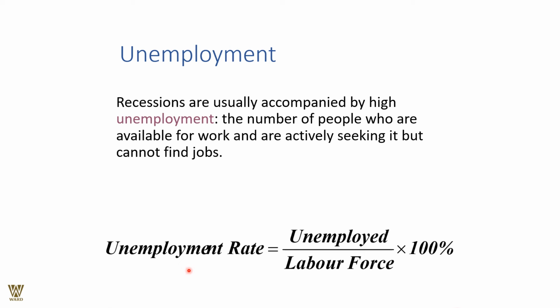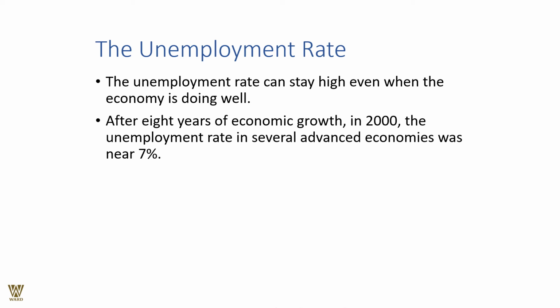If the labor force is large and the unemployed number is smaller than the denominator, things might be acceptable. But what happens if the numerator is more, the number of unemployed people is more, and the labor force is much smaller? Then what will happen? That is what needs to be taken into account: the unemployment rate.